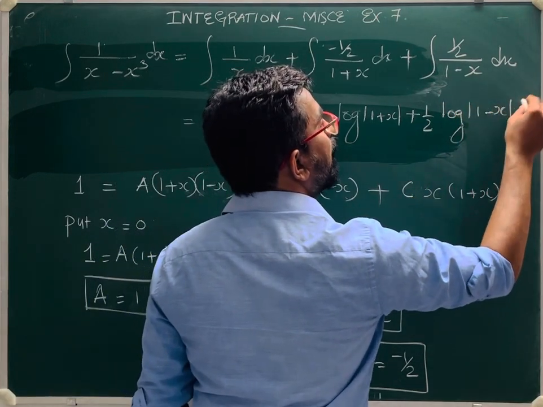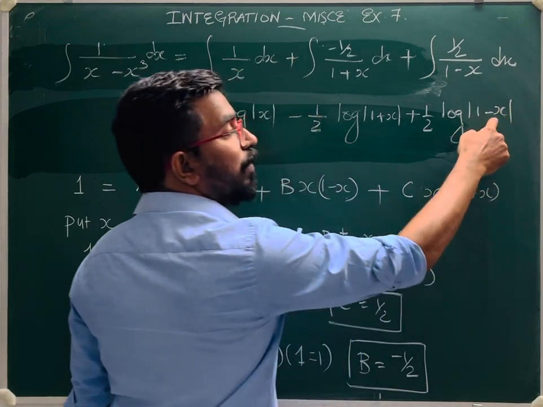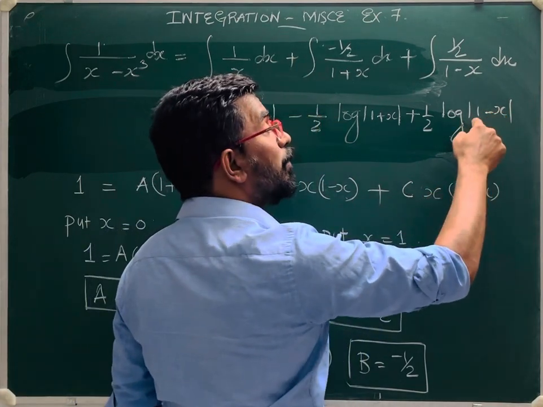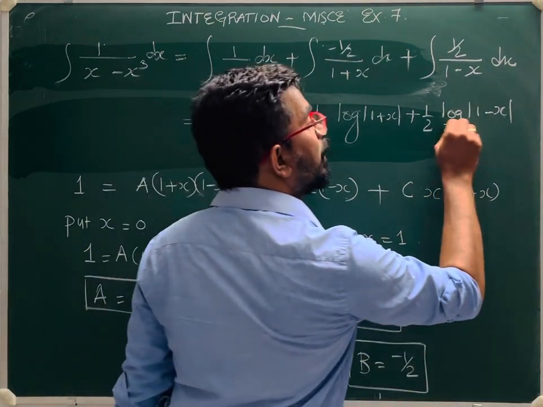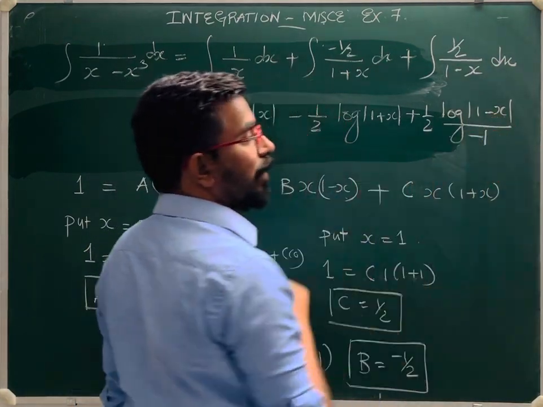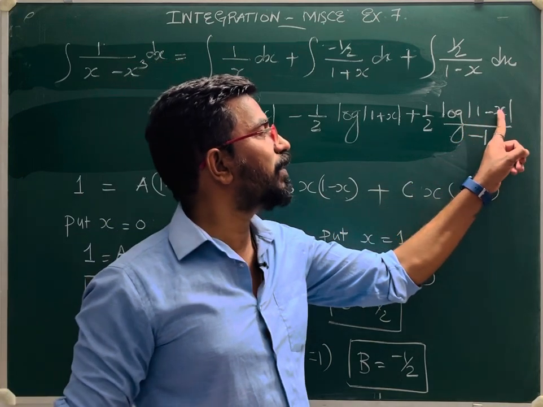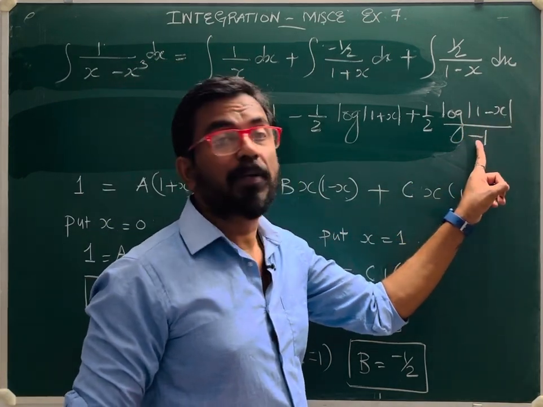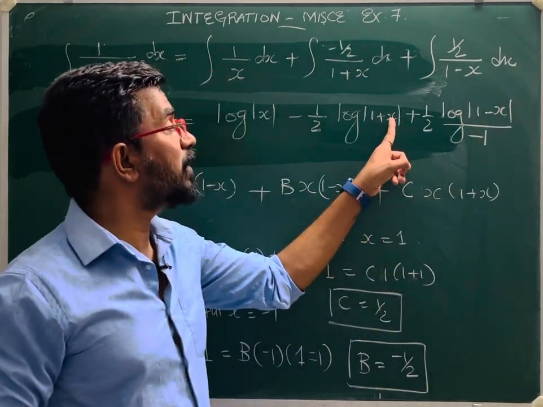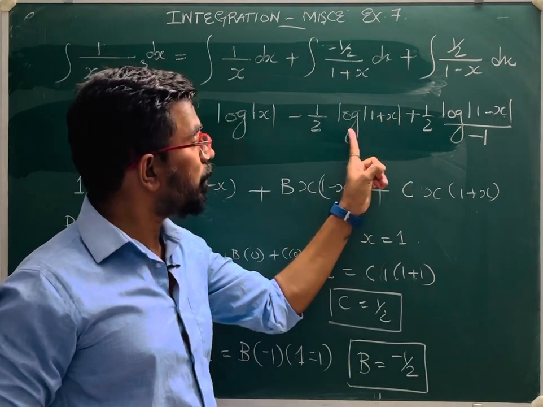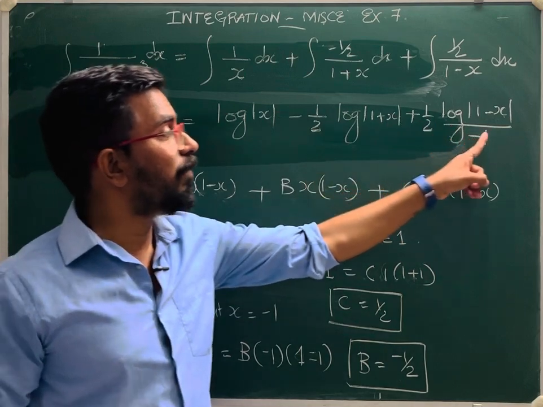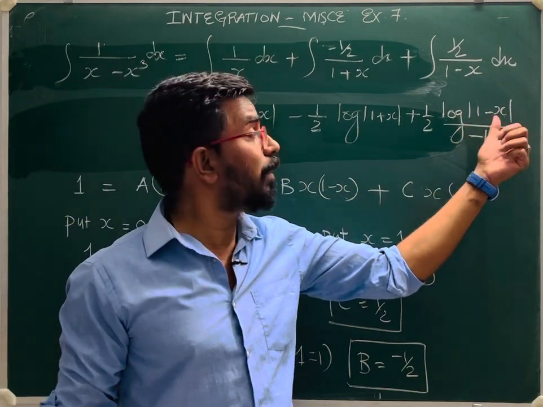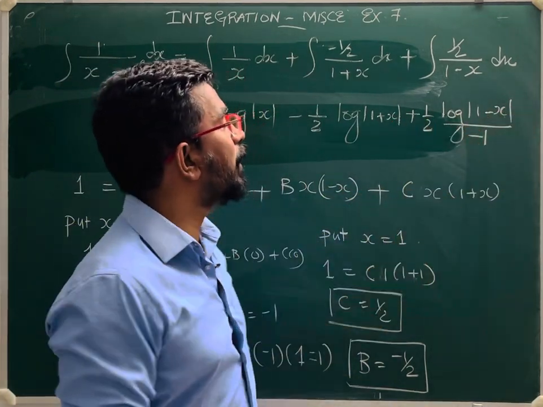But you should remember, this 1 minus x, if you differentiate, you get an inner function, a negative 1 will come. To accommodate that, I have to keep a negative 1 here. Or in another way, the coefficient of x should be kept in denominator. Here need not, because coefficient of x is 1 only. So whether you write or not doesn't matter. Here also it is 1 only. So whenever it is minus 1 or minus 2, any other number you have to divide. So that's how I reach here.